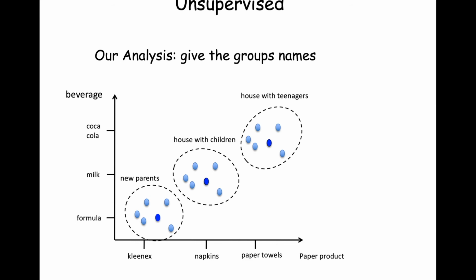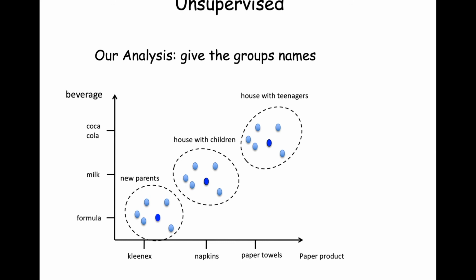Then you go in and you perform an analysis of each group, and you would describe what you believe those groups should be called. And so going back to the super duper market example, if we have a group whose post-consumer paper content is low, like Kleenex, and the baby formula, the acidity is low, then we might call that the group of new parents.